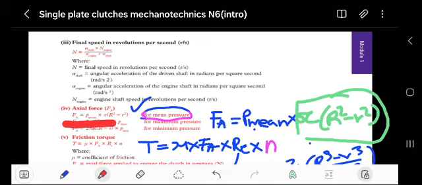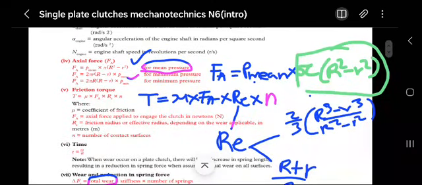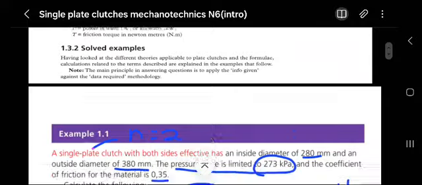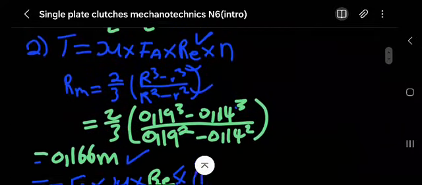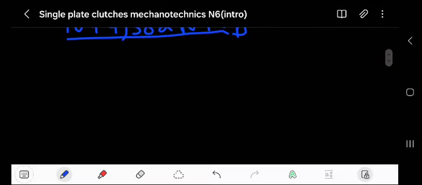If the clutch is worn, we'll use the number 2 one here. Then what will be the formula there? Number 3.